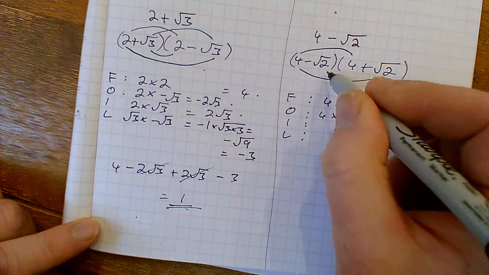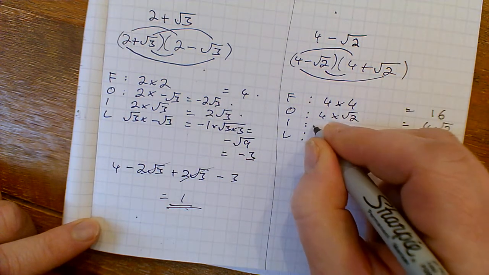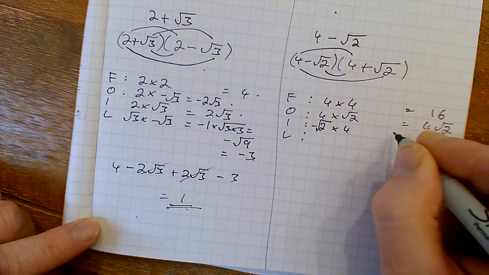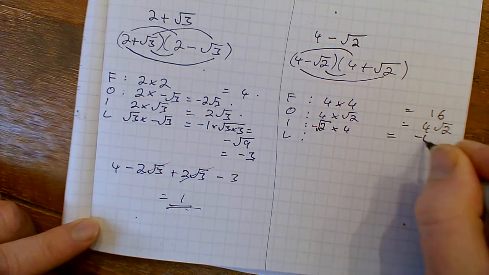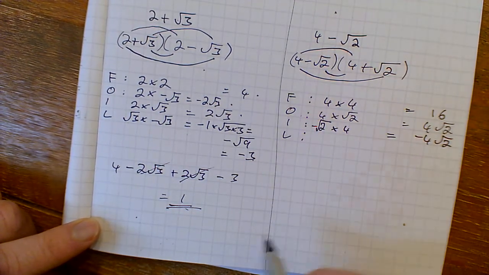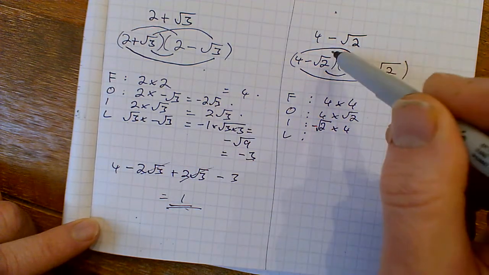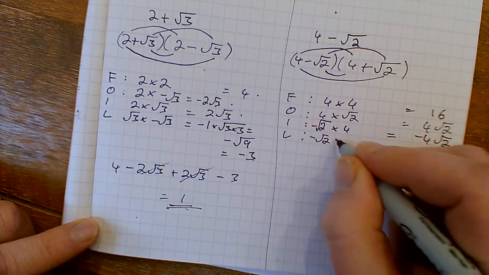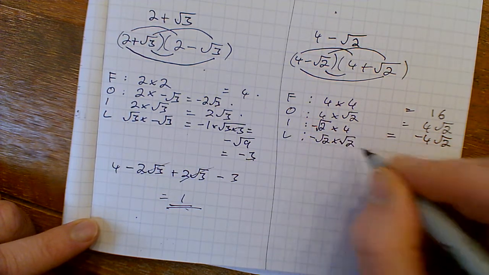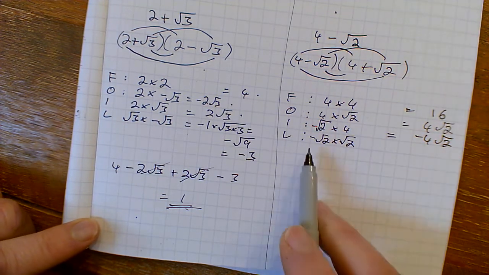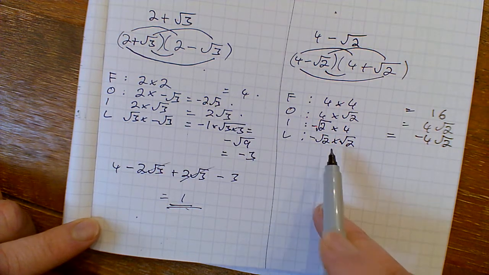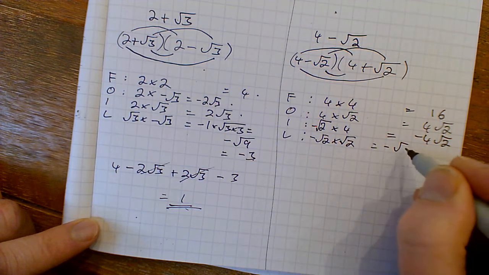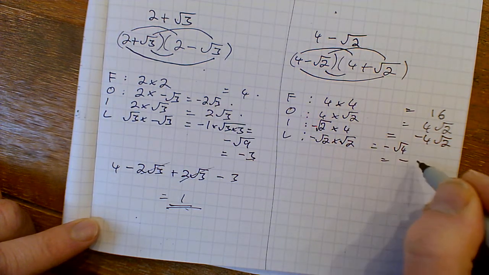Inners, the two next to each other, is negative root 2 multiplied by 4, which is negative 4 root 2, and then negative root 2 multiplied by positive root 2, which remember is negative 1 multiplied by root 2 multiplied by root 2, which gives me negative root 4, which equals negative 2.